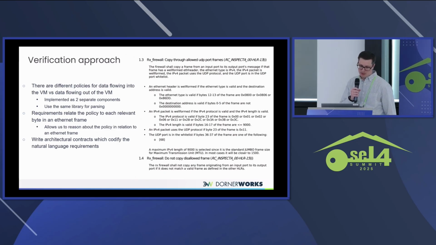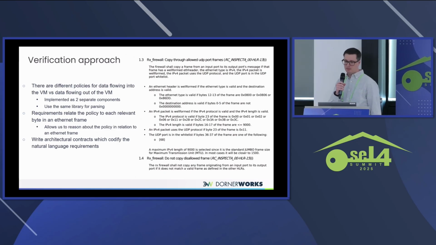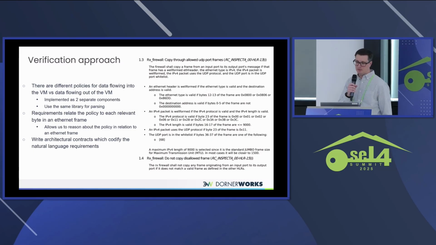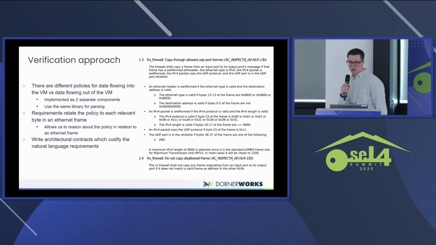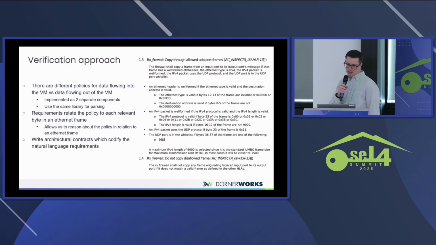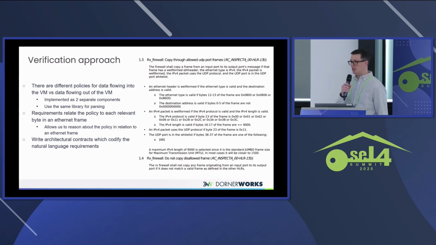And so first, we need to come up with a verification approach. So there are actually different policies for data flowing into the VM versus data flowing out of the VM. And so we took that approach of implementing them as two separate components. And then the way it was implemented, I was actually able to use the same library for parsing the Ethernet frame into a type that was useful for the policy.